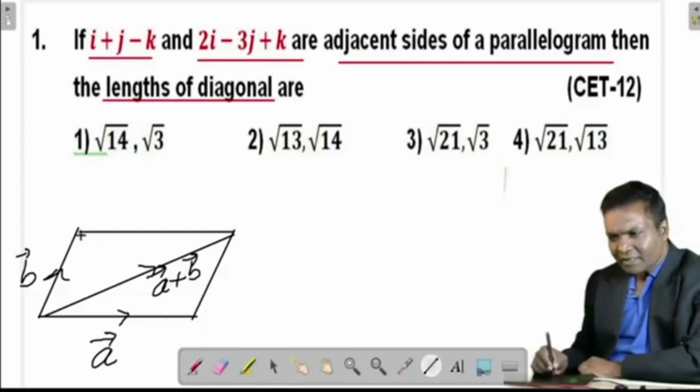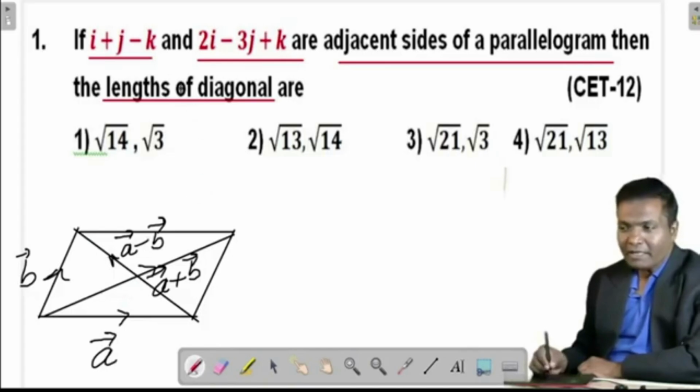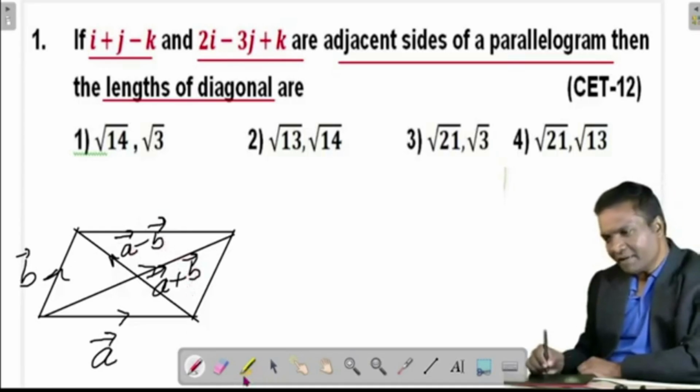And another diagonal is given by vector a minus vector b. We want lengths of the diagonal, means you have to find magnitude of vector a plus vector b and magnitude of vector a minus vector b.